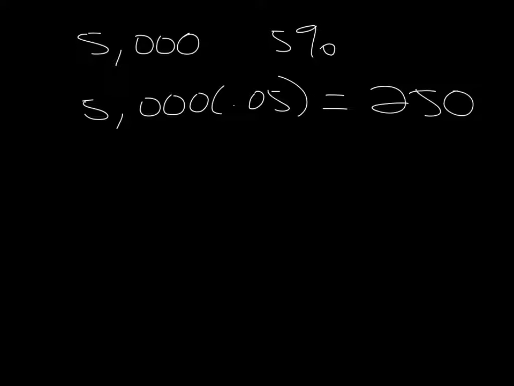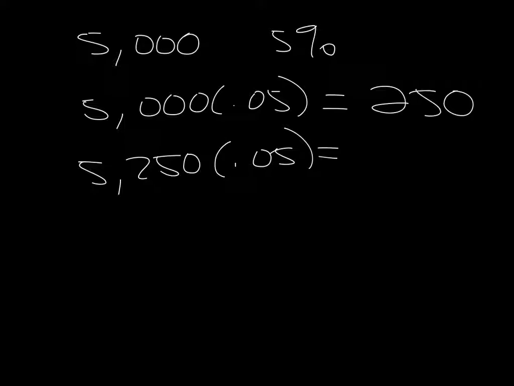So now we would take 5,250, which is the 5,000 plus the 250, times 5%. We would say 5,250 times 5%, and we would get 262.50.